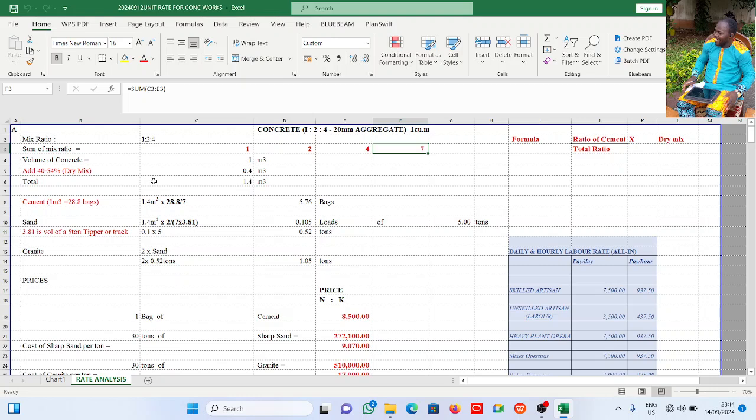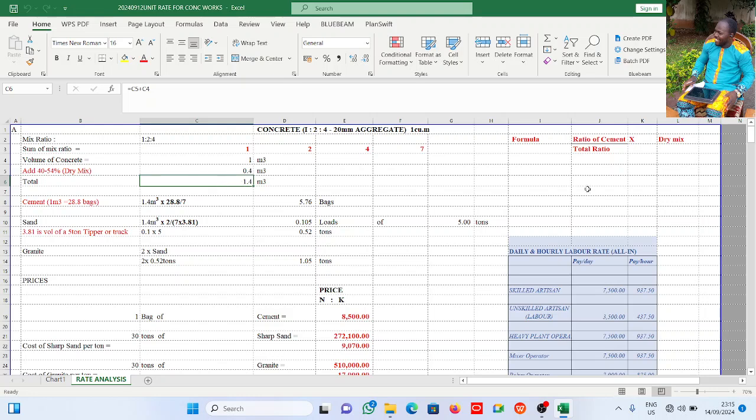That is the dry mixed concrete, which is usually 40 to 54% of the wet mix. So if this is 100%, 40% is 0.4, that is 40 over 100. Then if I add both of them together, I have 1.4. This is what I will use.